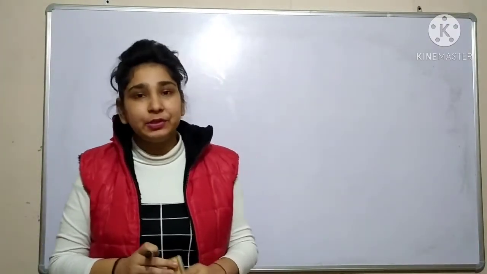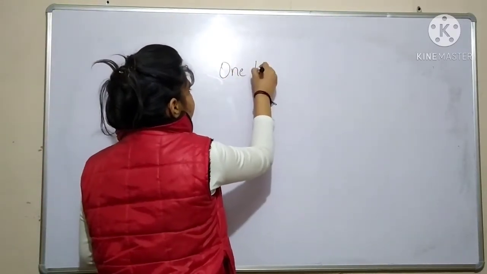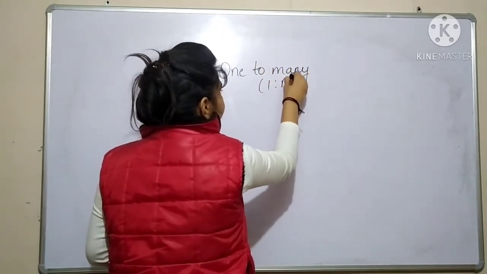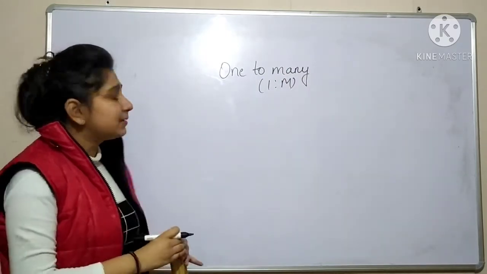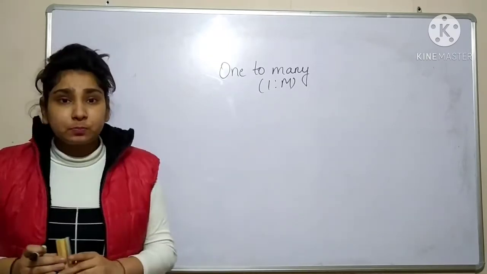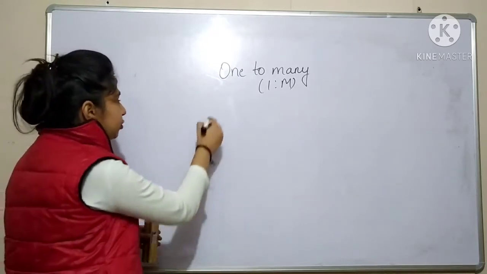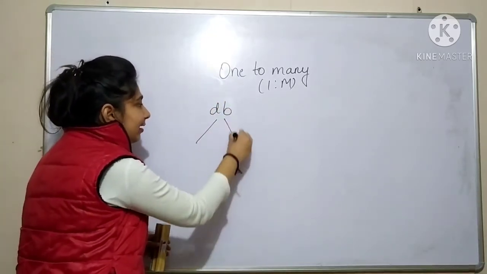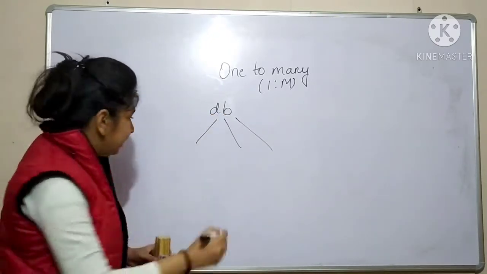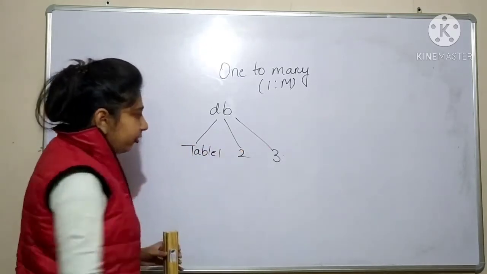So in today's lecture, we are going to discuss what is a one-to-many relationship. In the last video, we discussed the one-to-one relationship. I already told you that whenever we make a database, we have many tables in it, like table 1, 2 and table 3.